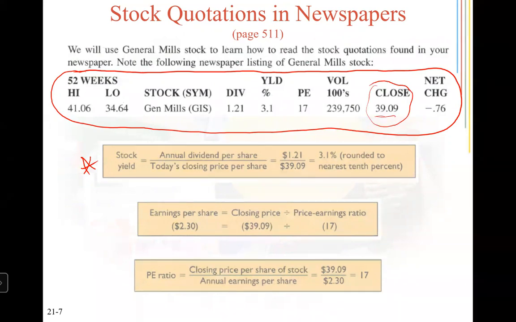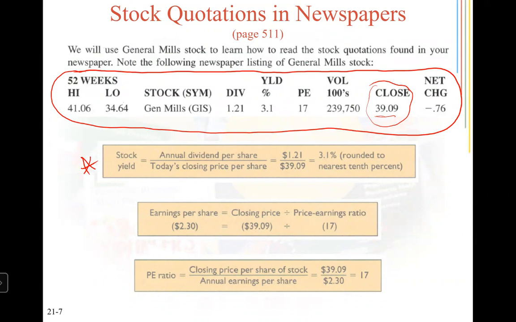The close price varies from day to day, and on this particular day it was $39.09. So when you divide the $1.21 dividend by the closing price of $39.09, you get 3.1%. That is a reflection of what is referred to as the yield.